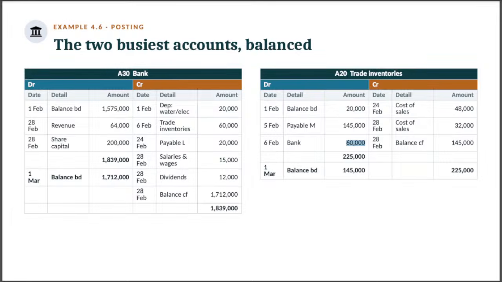And then we use that to get the cost of sales here was 48,000. That reduced our trade inventories. The cost of sales also on the 28th, 32,000. So the balance here, the carry forward is $145,000. And there it is there. Again, adding these all up, we get to the 225, so we know they all balance.